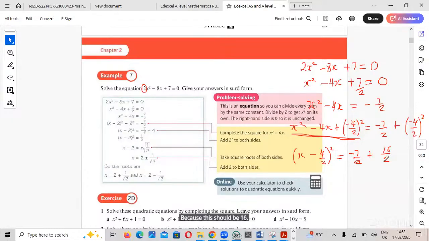So (x minus 4 over 2) squared is equal to minus 7 over 2 plus 16 over 4. What does that give us?